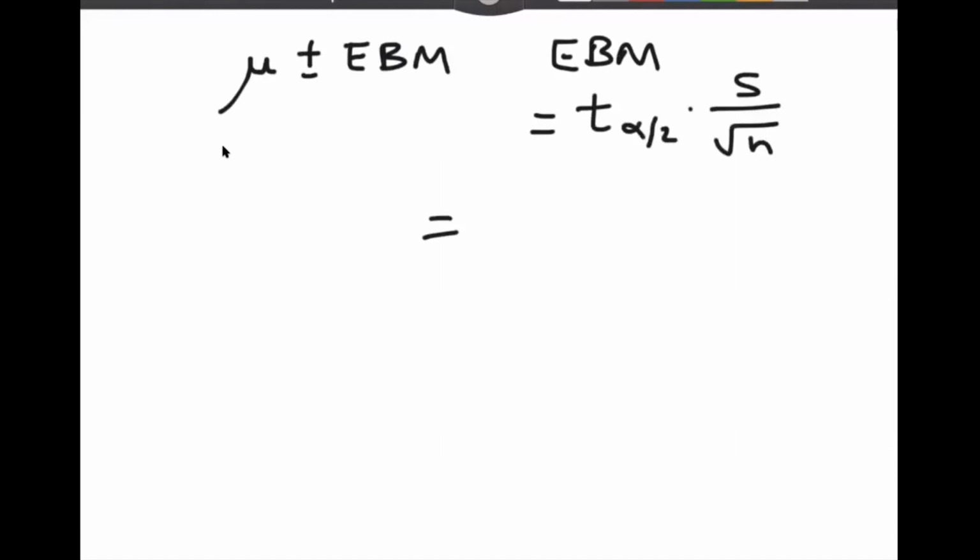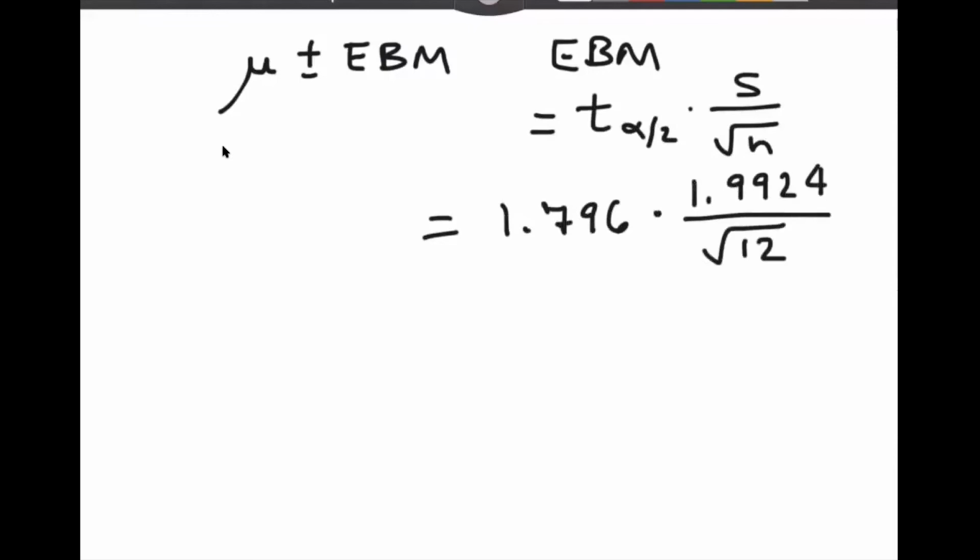So in this case, t sub alpha over 2 will be that same 1.796 that we were just looking at in the table. The sample standard deviation was about 1.9924, and the sample size is 12. So when I crunch those numbers, I get that the error bound is 1.033.